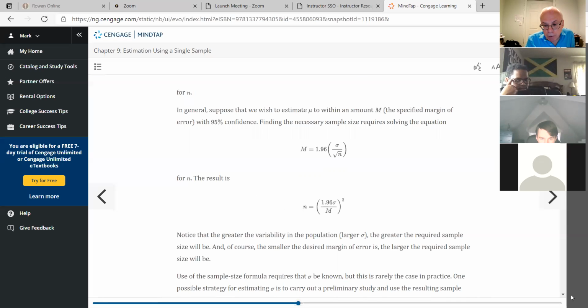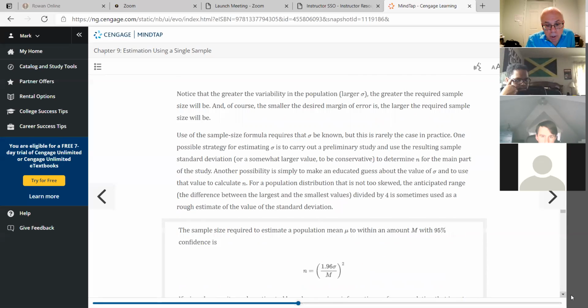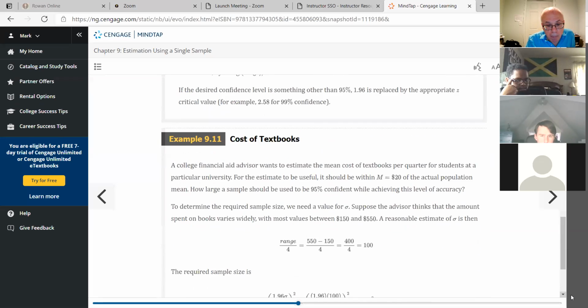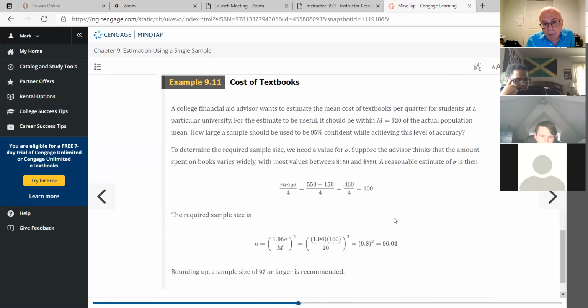And they give you an example on the next page here. Now, by the way, you need an estimate for the population standard deviation when you do a sample size problem with sample means. And they give you this formula here. If they give you a range of possible values for the variable that you're looking at, what they tell you to do is take the range, which is the largest value minus the smallest value.